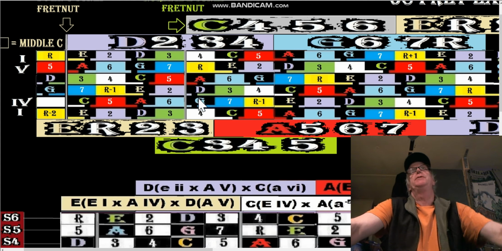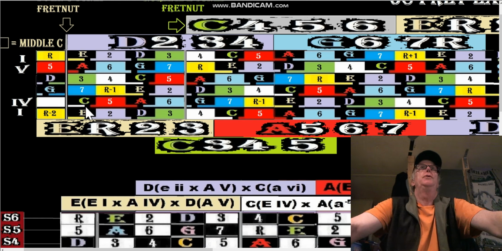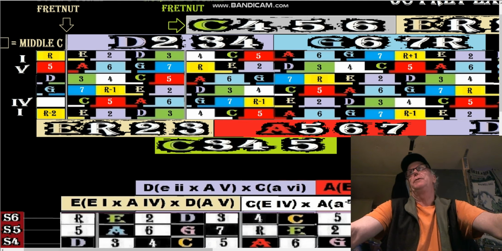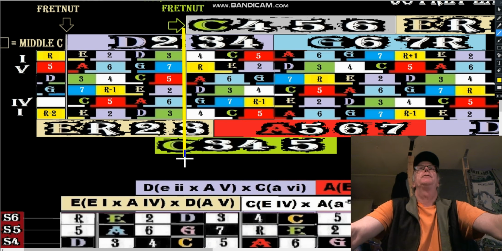I just happen to use the actual note location. So you're here, fret nut. Your fret nut's right here. Okay, if I had to draw it with the drawing tool, it would be right here. That's your fret nut.